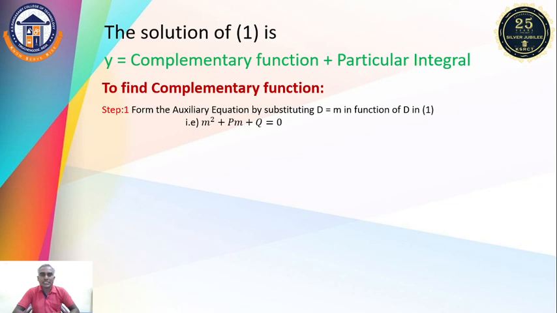That is called the function of D. In that function of D, we replace D by m, and we will get m square plus pm plus q equal to 0. That is called the auxiliary equation of the second order differential equation. Okay, that is the very first step.